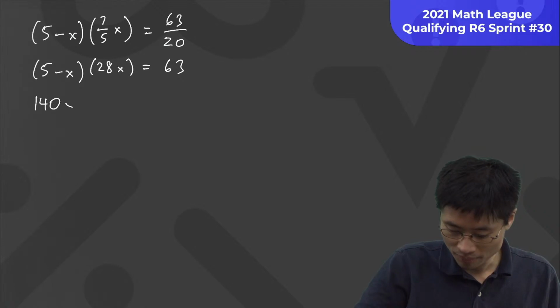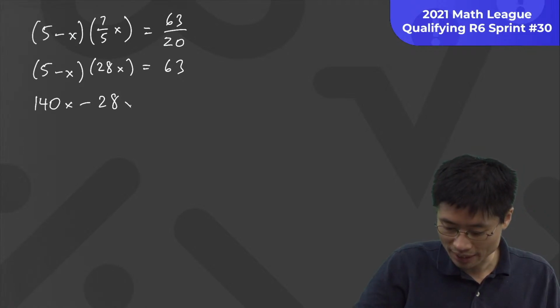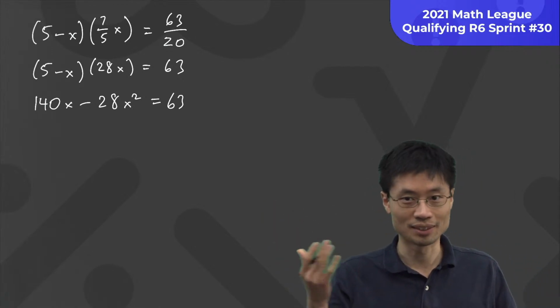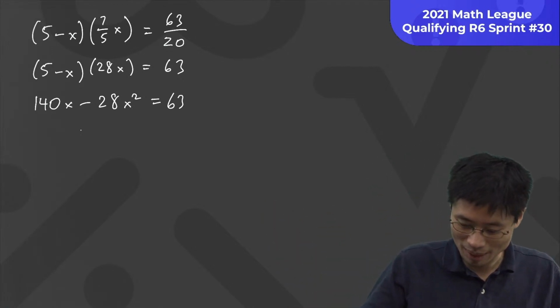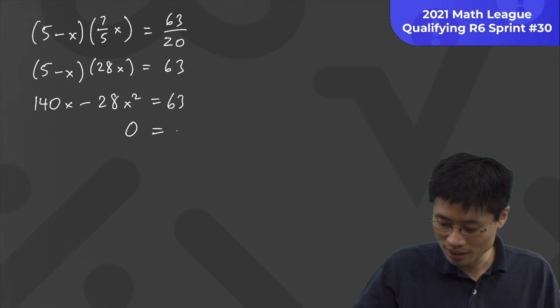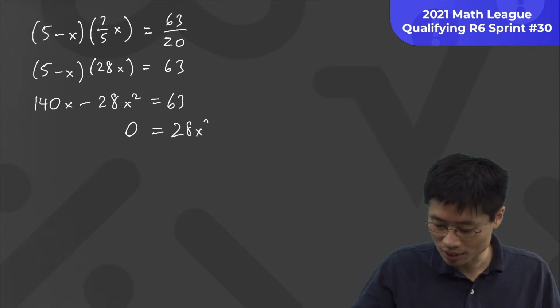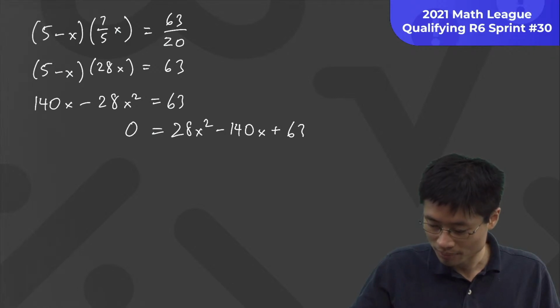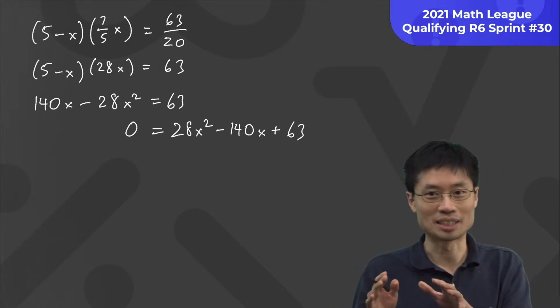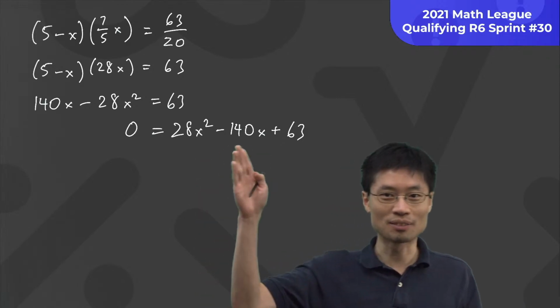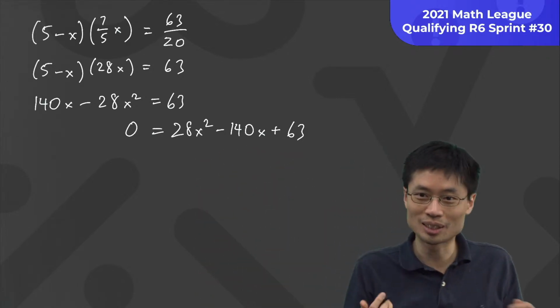So you get 140x minus 28x squared is equal to 63. Let's rearrange everything so I have a nice positive x squared. That makes me happier. So I have a quadratic equation, 0 equals 28x squared minus 140x plus 63. Now, I'm seeing a lot of 7s everywhere, because 28 is a multiple of 7, 140 is a multiple of 7, 63 is a multiple of 7.